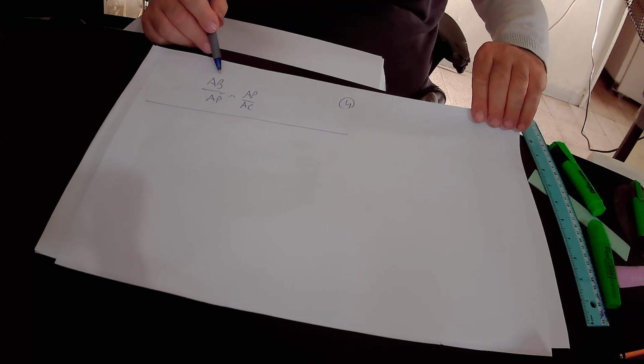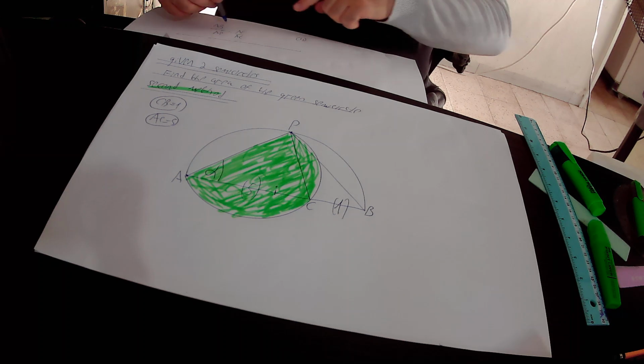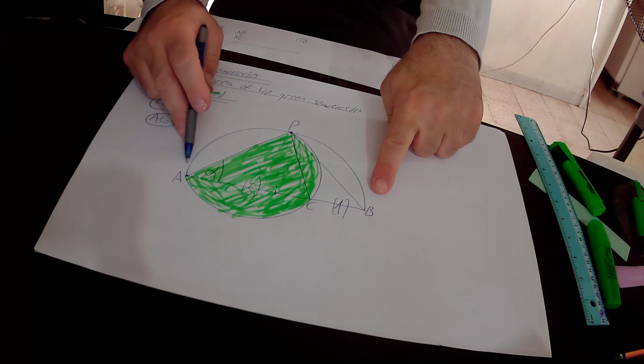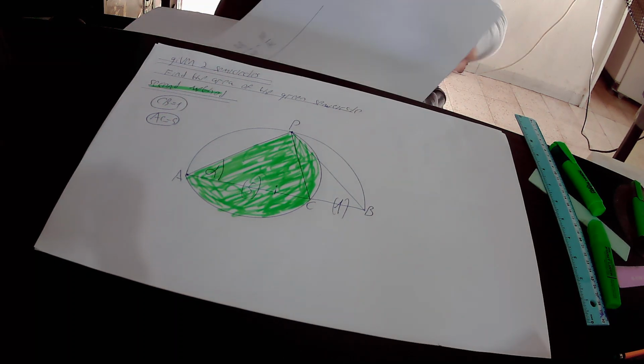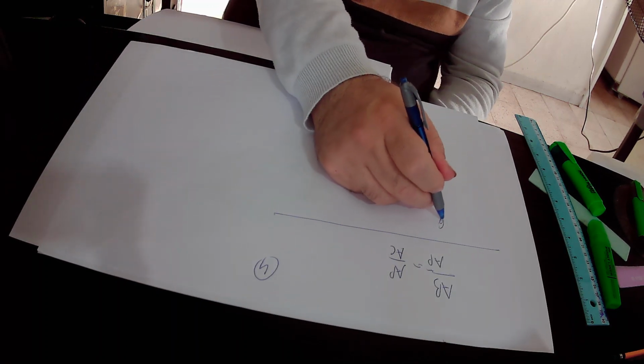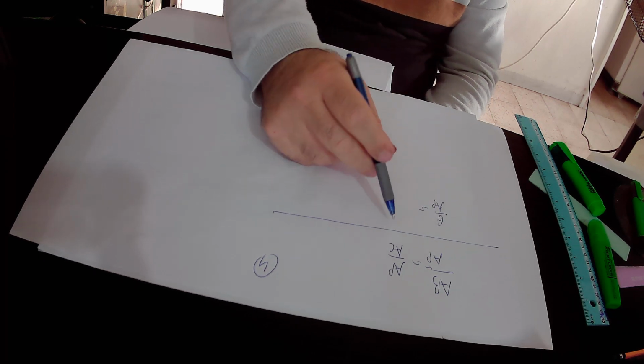What is the length of AC? What is the length of AB? AB in total equals 5 plus 1, that is 6. So we substitute AB by 6. This equation is 6 over AP equals AP over AC.